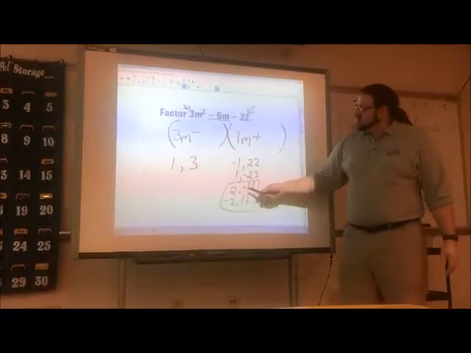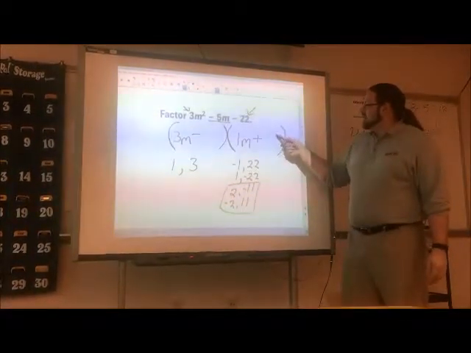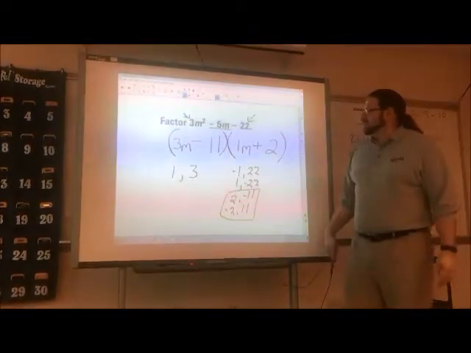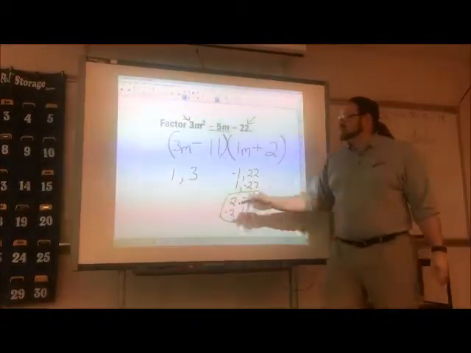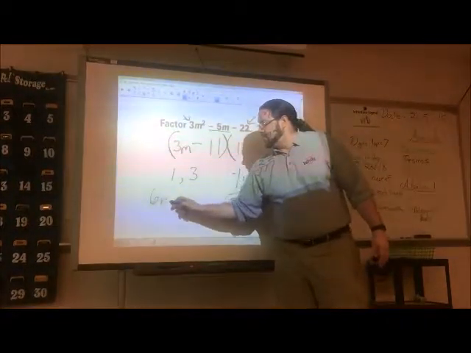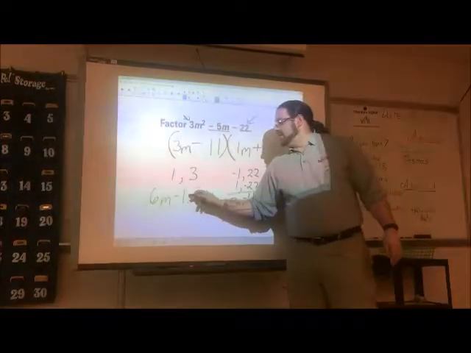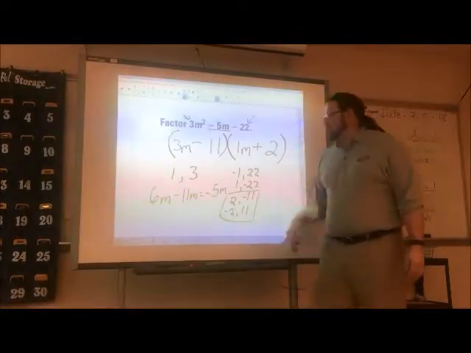Now, we still have 2 and negative 11. If I put the 2 here, and I put the 11 here, will it work? 3 times 2 is 6m. Negative 11 times 1 is negative 11m. Gives you negative 5.